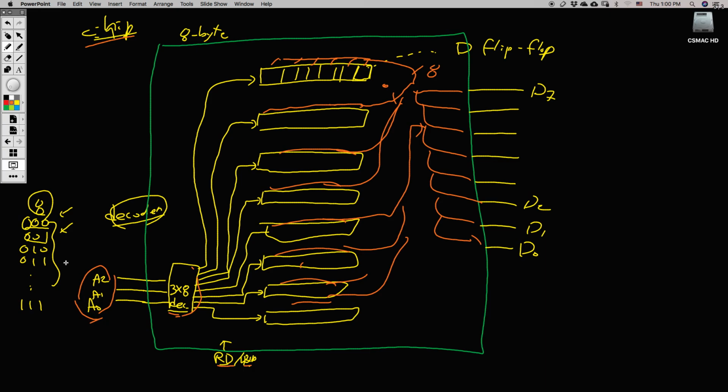Since 3 bits can distinguish one of 8, the number of address lines needed for this memory chip is 3, because we have 8 locations. And then the number of data lines we need on this chip: since each word is a byte, 8 bits, we need 8 lines for the data bus.